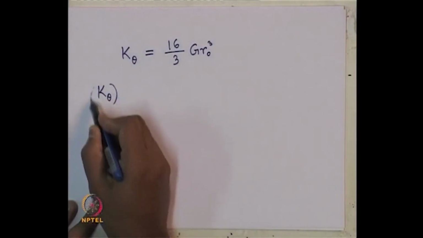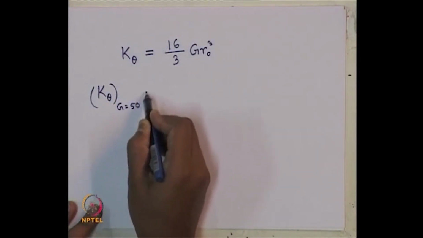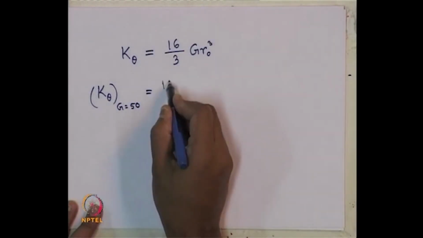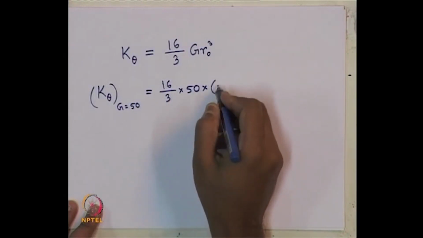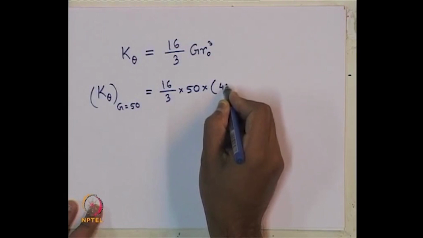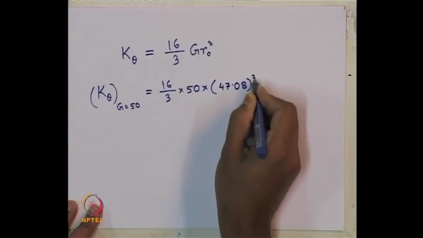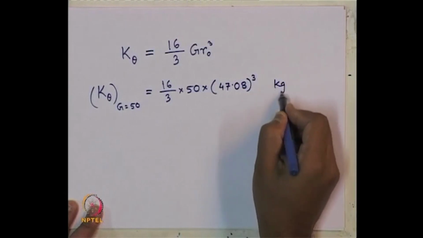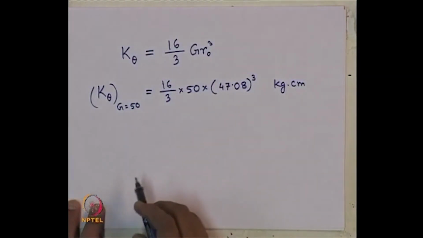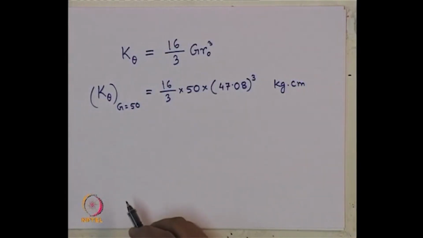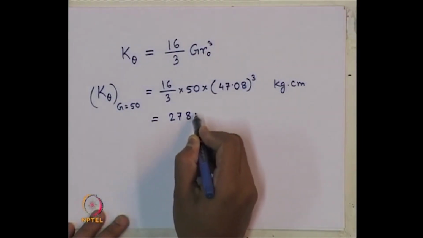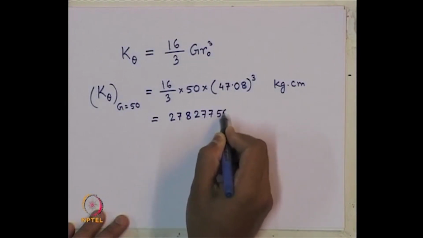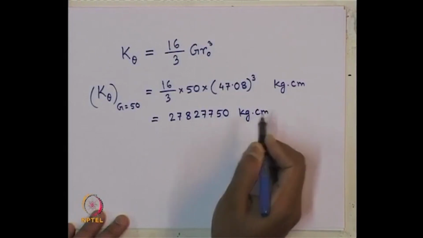So, for the 3 different types of soil given to us, let us compute the value of k theta. 16 by 3, G is 50 and R naught is 47.08 whole cube. What should be the unit? Kg centimeter, again because this is torsional spring constant. It is 27750, so much of kg centimeter.